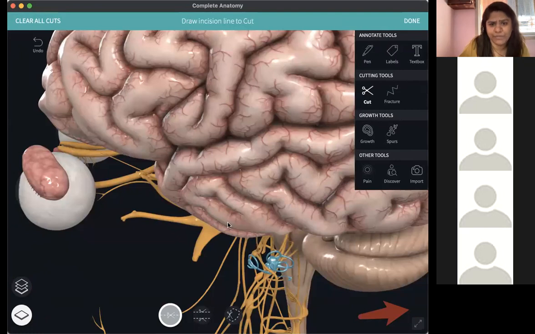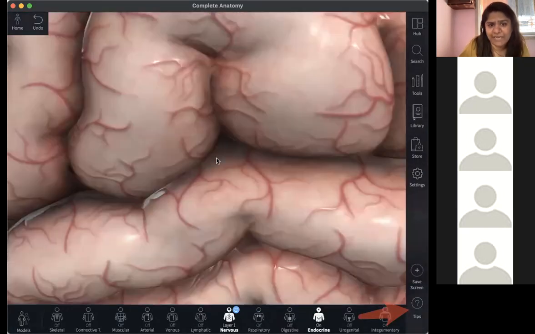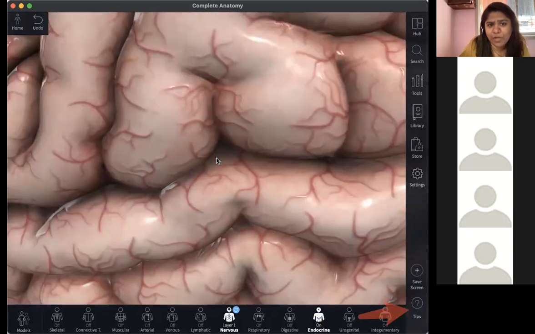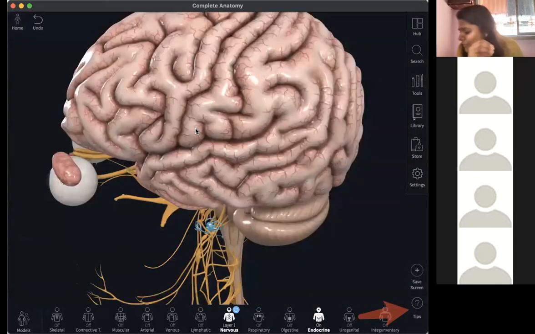Right now, can you see that these are small blood vessels over here? Your entire brain has a lot of blood supply. And you might be shocked to know this, but your brain feeds excessively on the glucose that you consume.